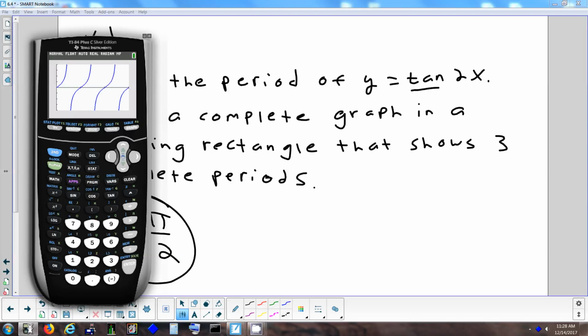I have 2 and then half of each, but they're the opposite half, so kind of you have 3. Yeah, I have 3. It's just I'm looking at a half, a whole, and then the other half. That's okay. That's still 3 sections of tangent. If you wanted to make it look a little nicer, you could shift your screen to the left a little bit and get 3 sections that are all connected. But that's perfectly fine to show 3 periods.